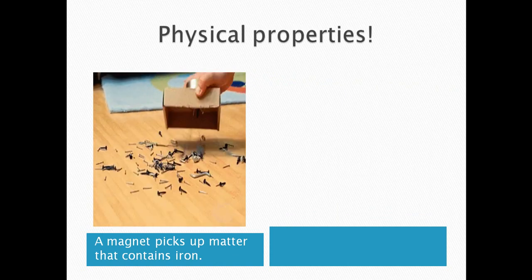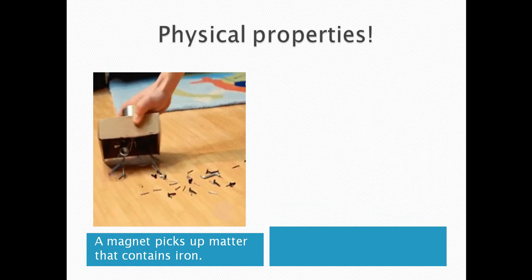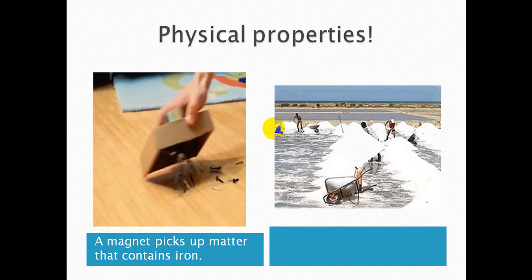So we can separate a mixture of many kinds of matter like wood, plastic, silicon, iron. We can make a mixture of all of these and use a magnet only to pick up iron. The others will remain away from the magnet.